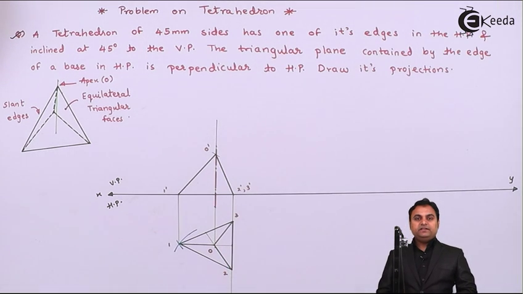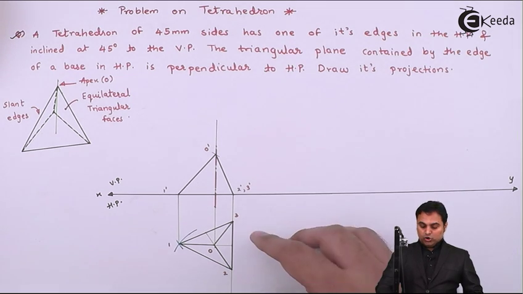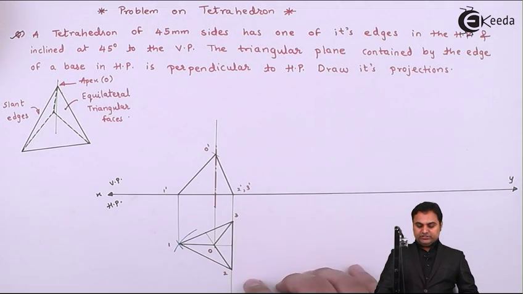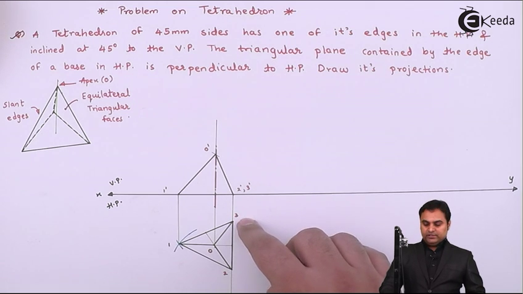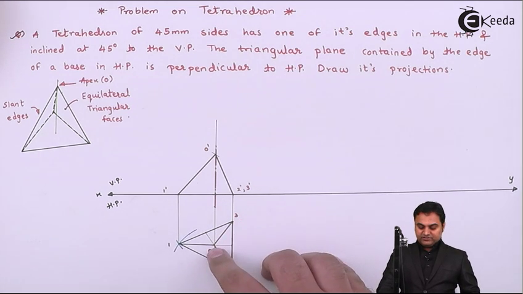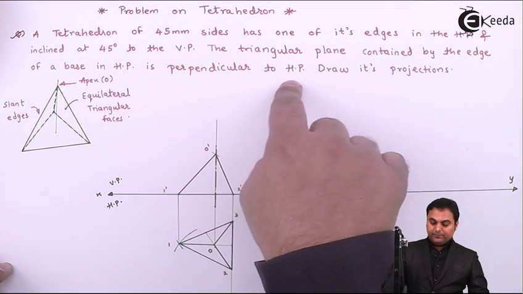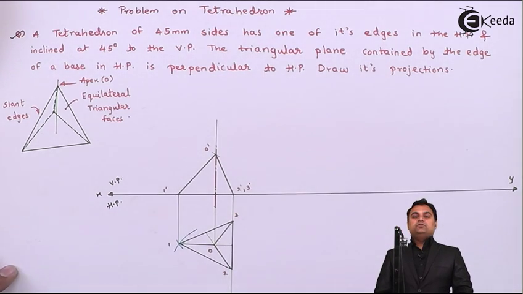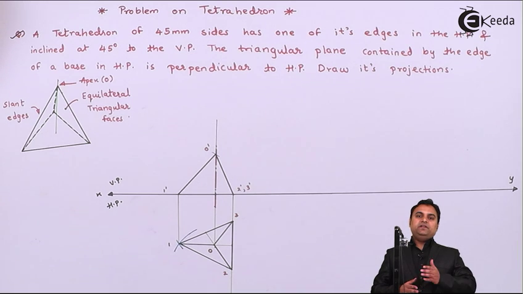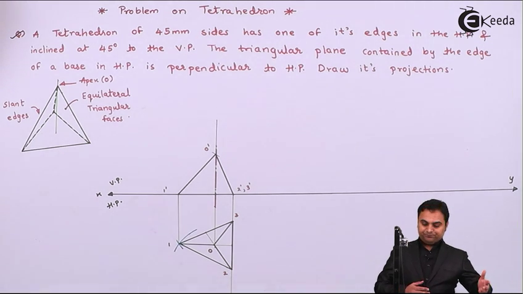So the triangular plane contained by the edge, it is which edge on which it is resting. So since it is resting on edge 2 to 3 and it contains the triangular face O to 3, that triangular face is perpendicular to HP. So perpendicular to HP means it will be visible in VP.